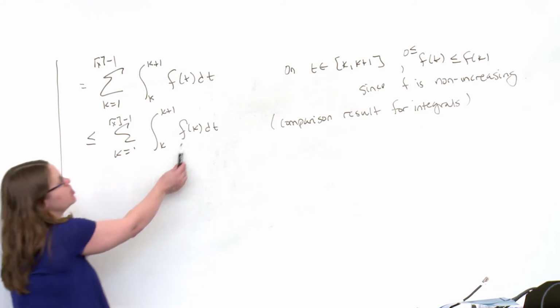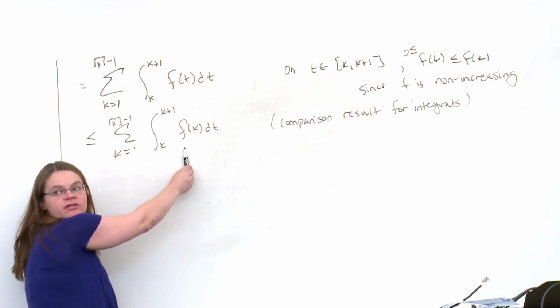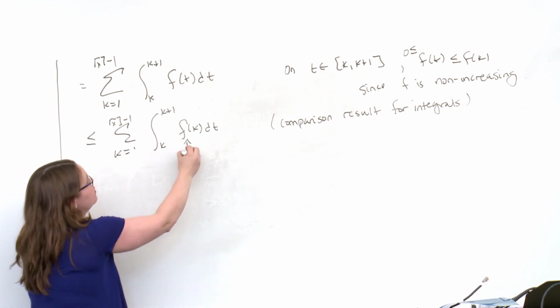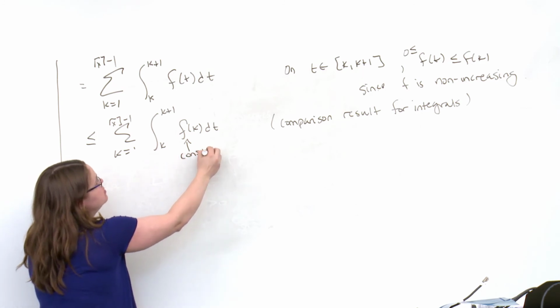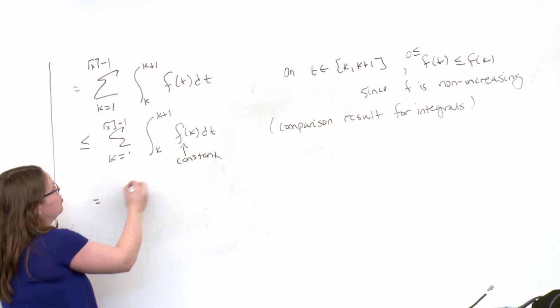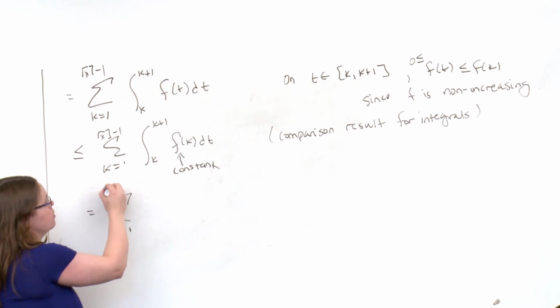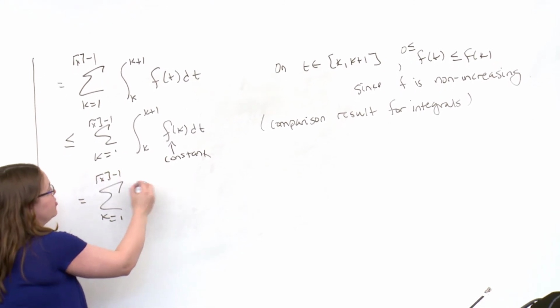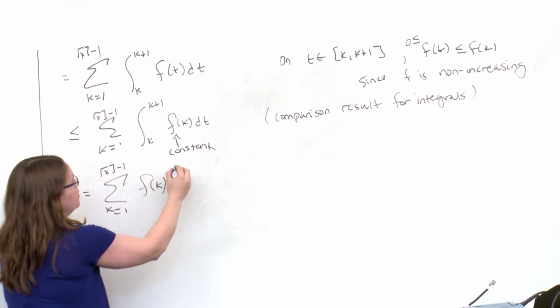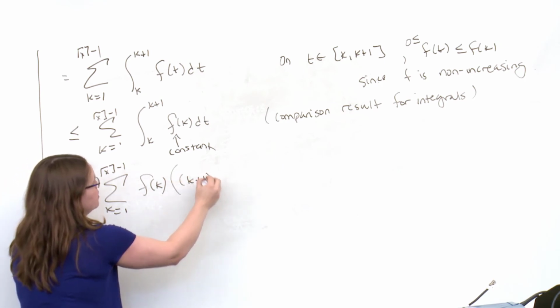This is good. Now I can integrate this exactly because this is a constant. So this is now constant. It doesn't depend on t. So I can work out this integral. It's nothing but f of k times k plus 1 minus k.